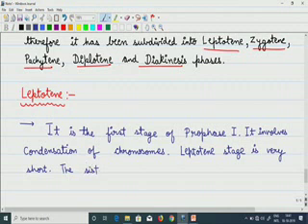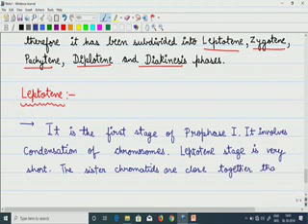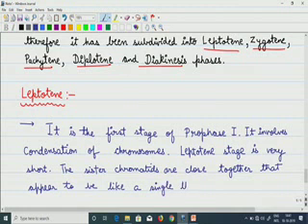The sister chromatids are so close together that they appear to be like a single thread, of single chromatid, because they are very close together.